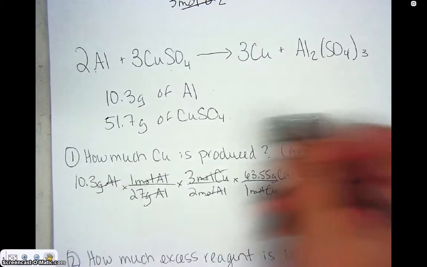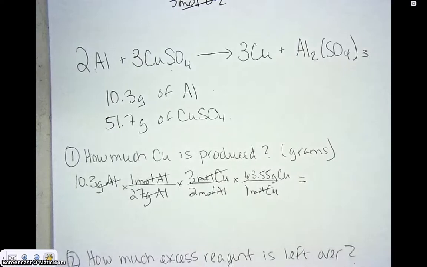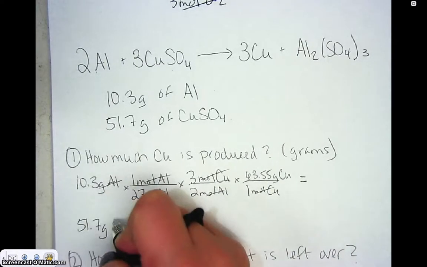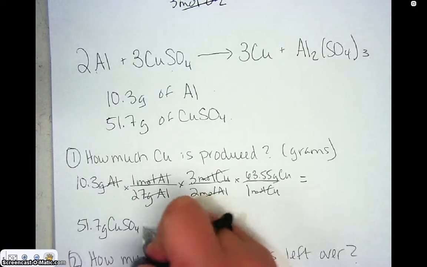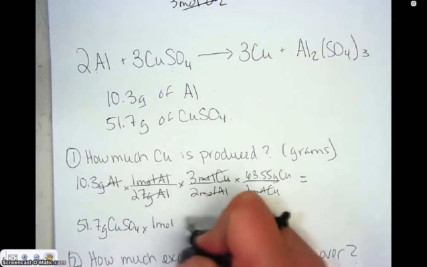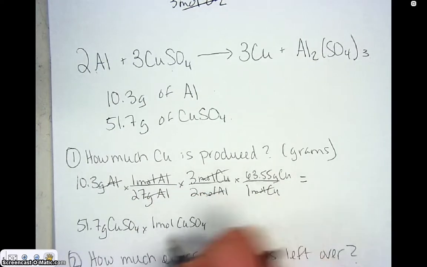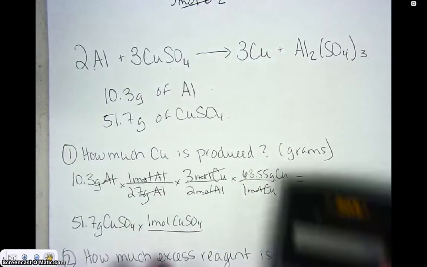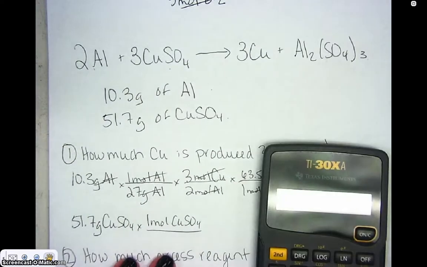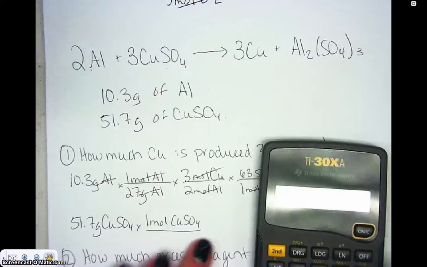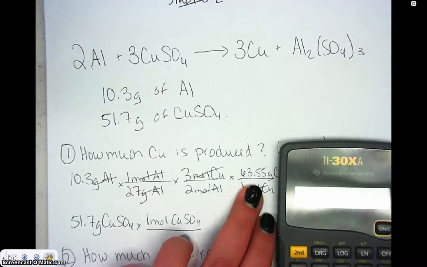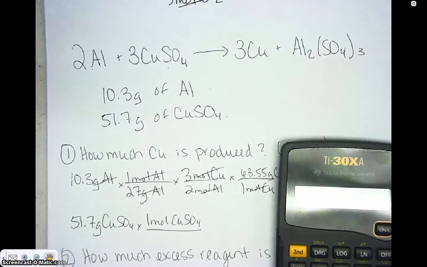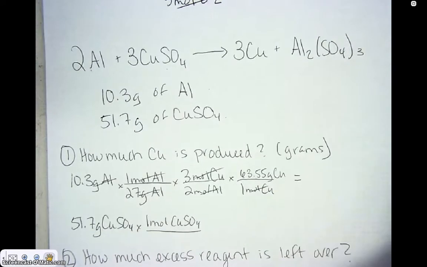Okay, now let me set up the other one and then we'll just plug the numbers in. So here we've got 51.7 grams of copper sulfate. And for every 1 mole of copper sulfate, I have how many grams? So we've got 4 times 16 for the oxygens, plus, we just looked up copper, 63.55, plus sulfur is 32. So about 160, we'll just round it off.